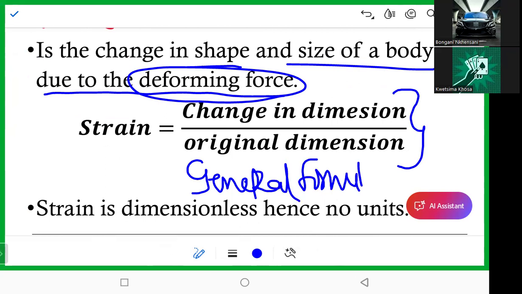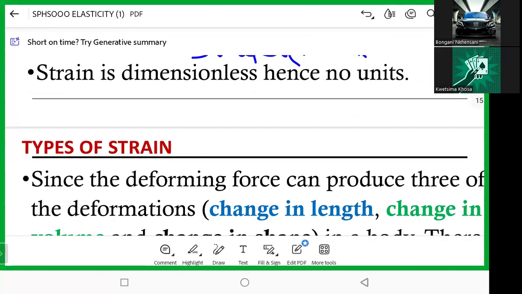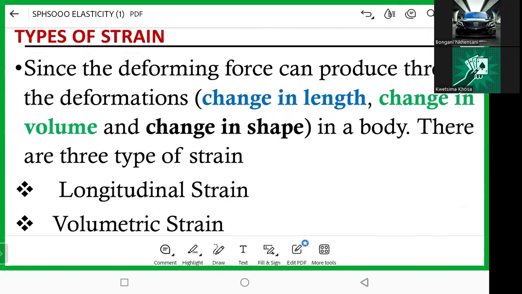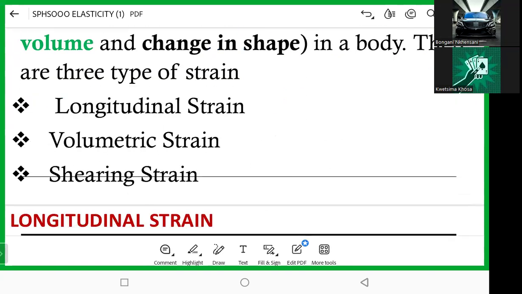Now we're focusing on how much the object is deformed in terms of length, volume, and also its shape. So with strain we're checking the rate at which the object is changing when we're applying our force, by actually checking how much the object is deforming.